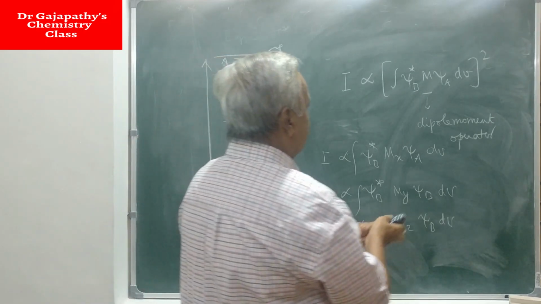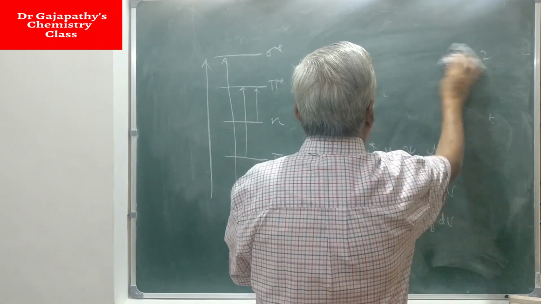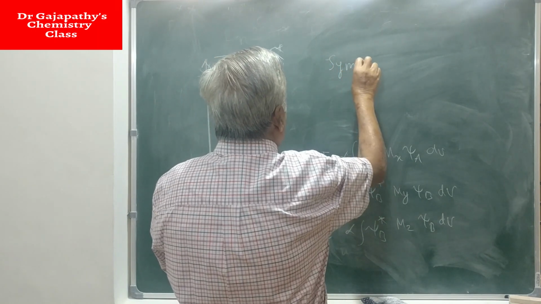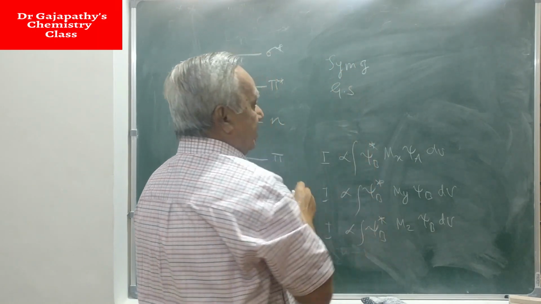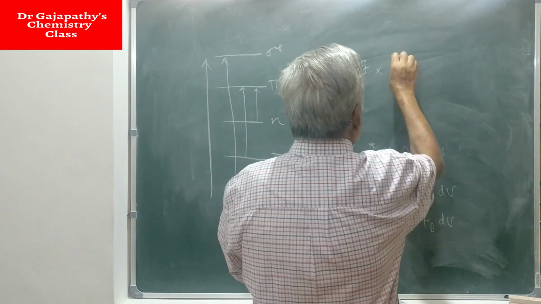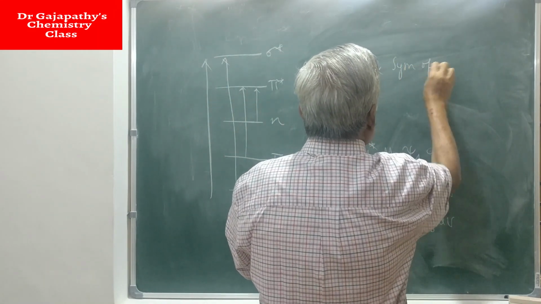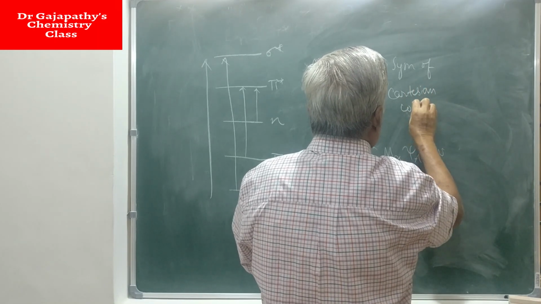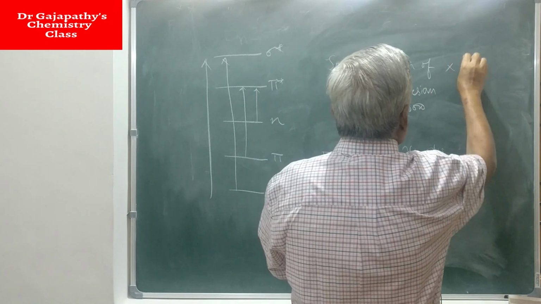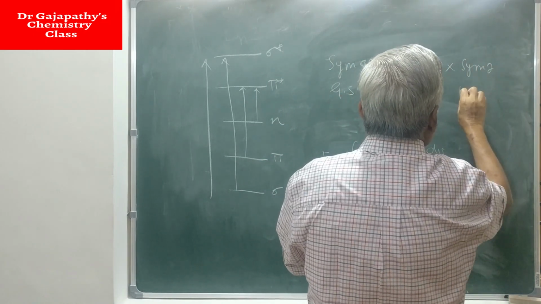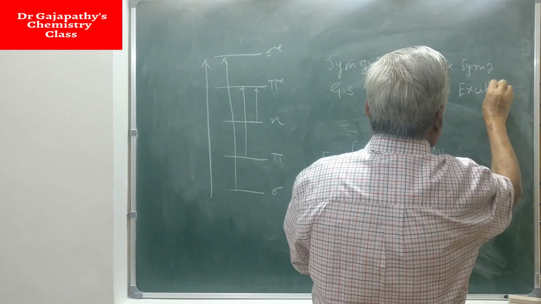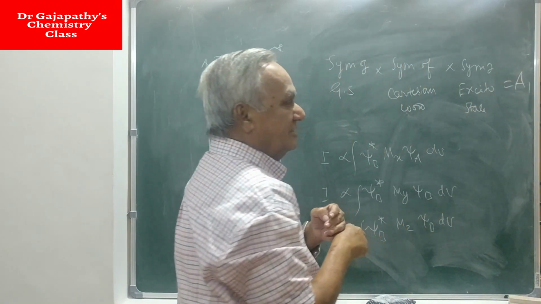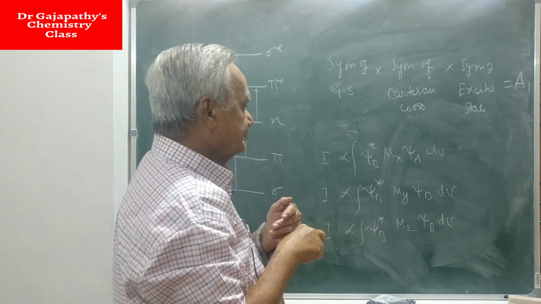The symmetry selection rule says the symmetry of the ground state, symmetry of a Cartesian coordinate and symmetry of the excited state should be equal to the totally symmetric representation A1.